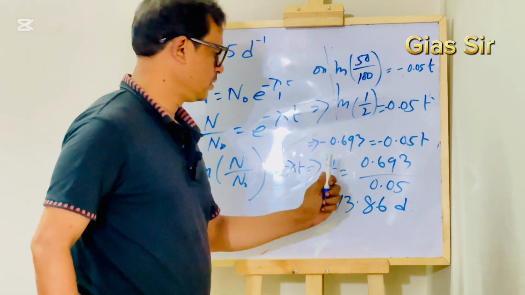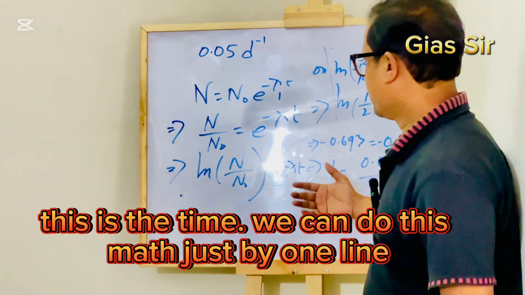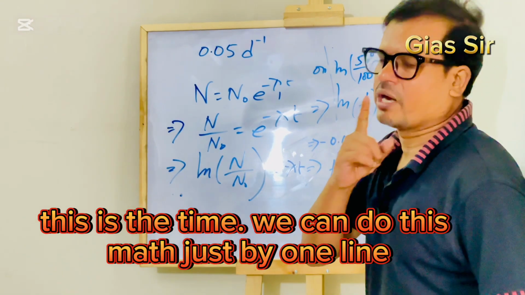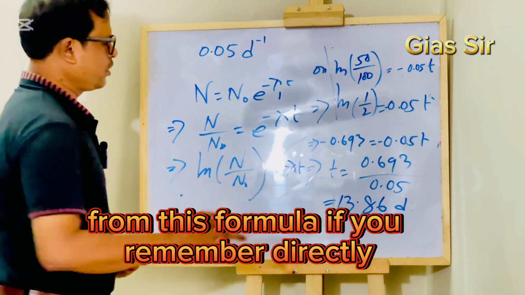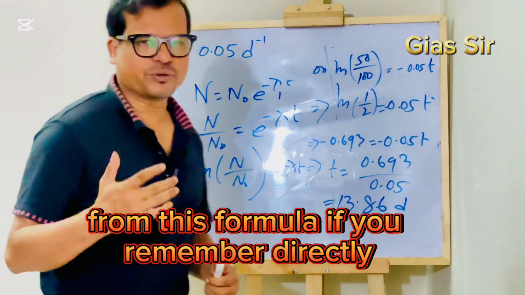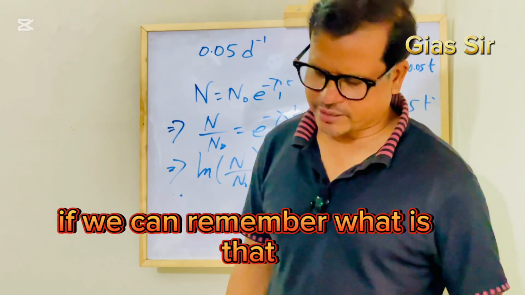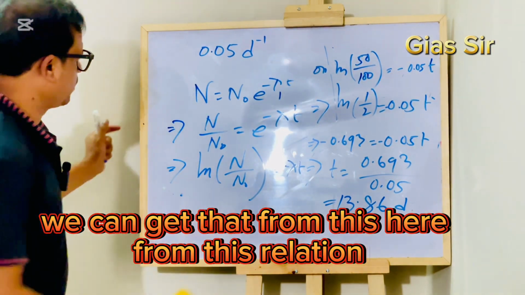We found this by calculator. Guys, this is the time. We can do this mathematics online if you remember this formula. If you remember it directly, you can do the mathematics; otherwise we can deduce it from this relation.